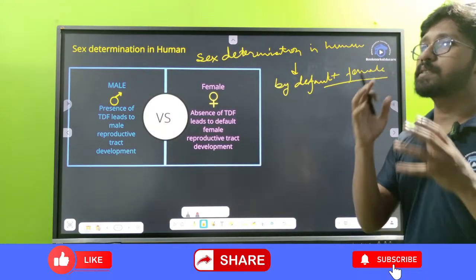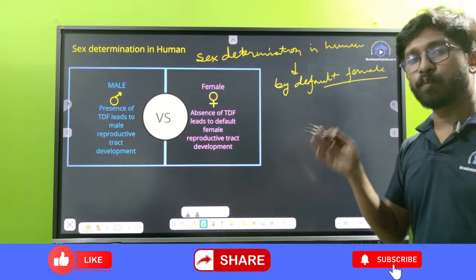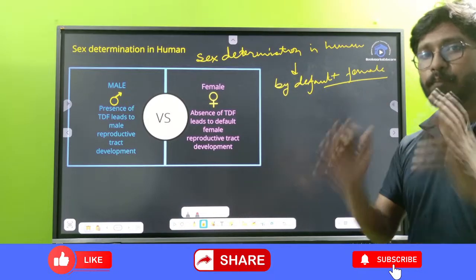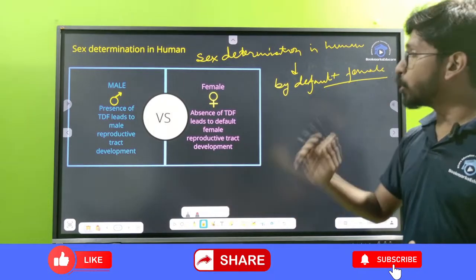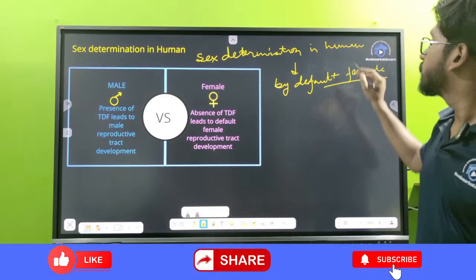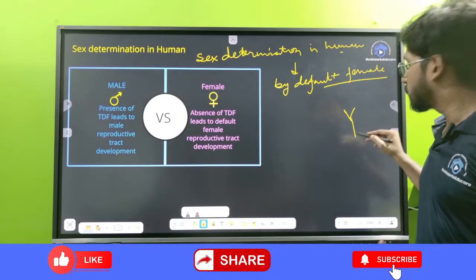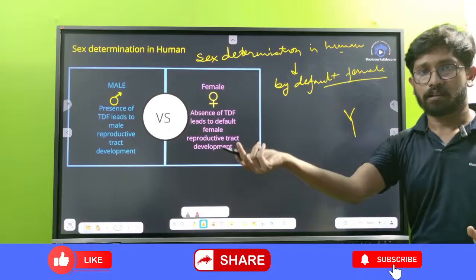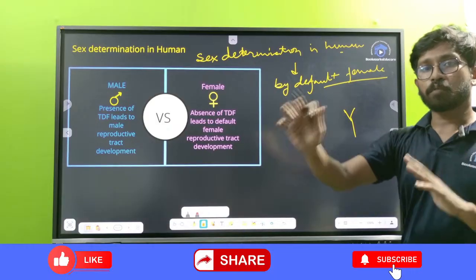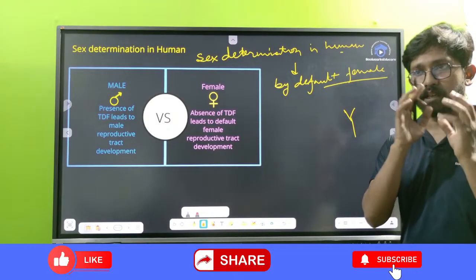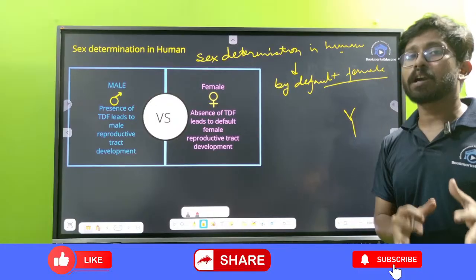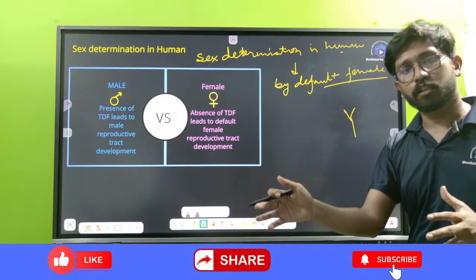Every embryo that has been created throughout human history was supposed to be female. Only and only if the Y chromosome is present will they become male. Else, every zygote, every individual is programmed to become a female individual.